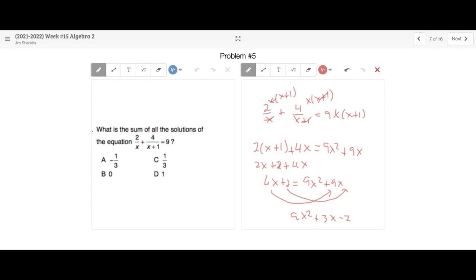So now I have to use the cheater method again. So I'm going to multiply through. I'm going to do the cheater method over here. So I've got 9x. I'm going to multiply the outer terms, so that gives me negative 18. What two numbers multiply to negative 18 but add up to 3? Is that 6 times negative 3?